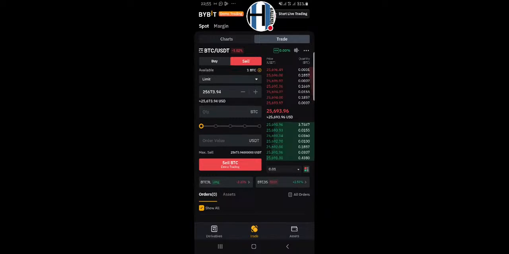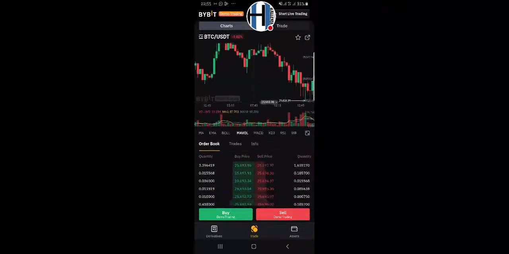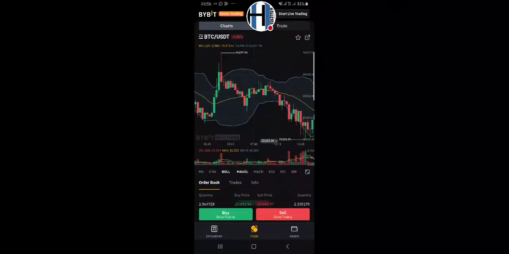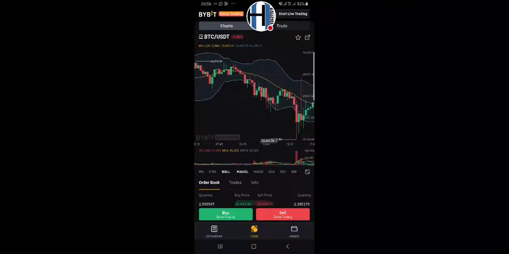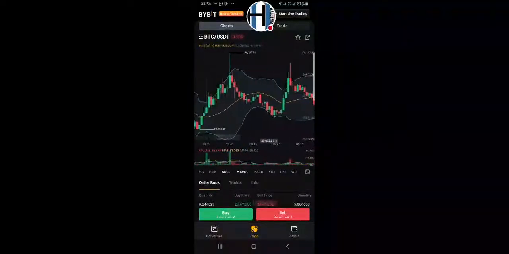Today, what I want us to know in particular is just the Bollinger indicator. This is the chart again. This is Bollinger, see the Bollinger. Bollinger is the blue one, and those shapes it makes.